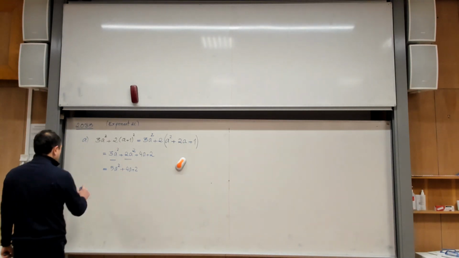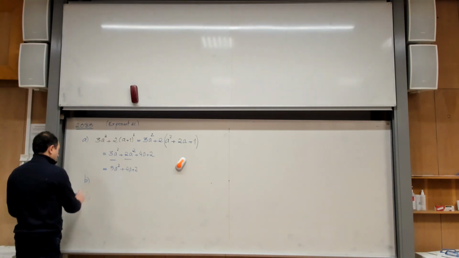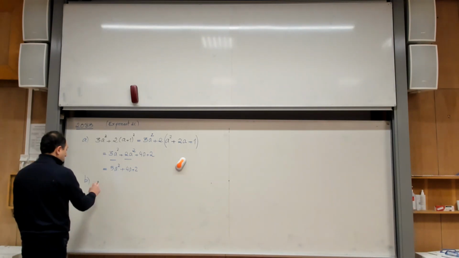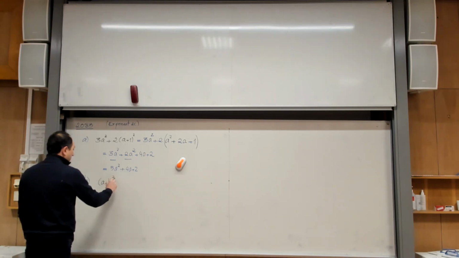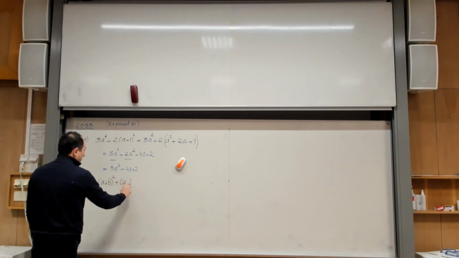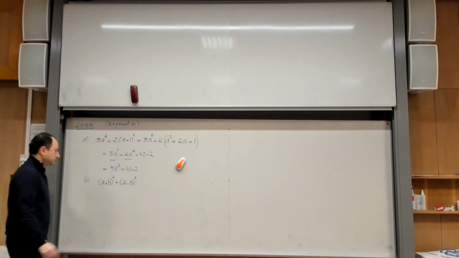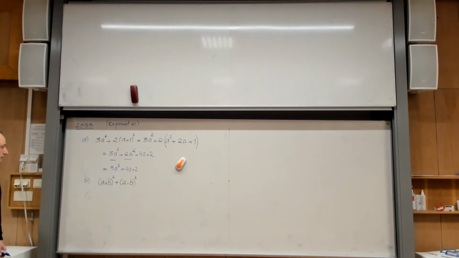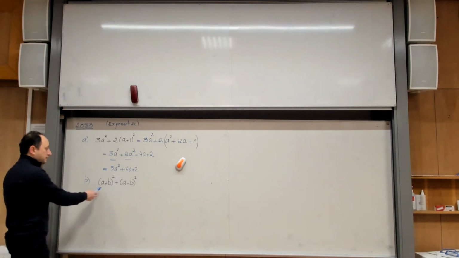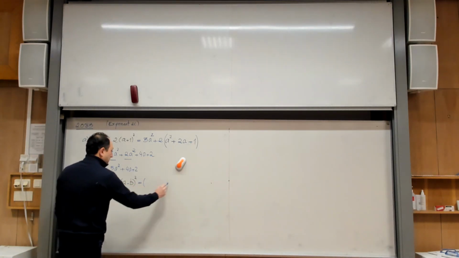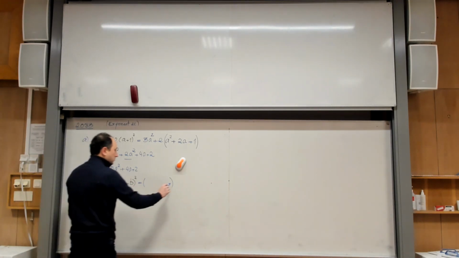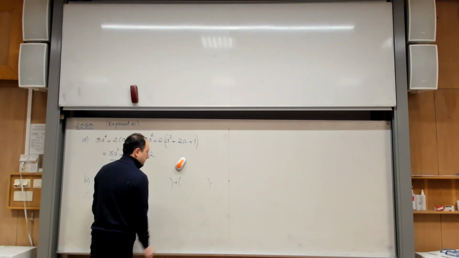So part B, I am supposed to calculate this: (a plus b) squared plus (a minus b) squared. We want to simplify that. Of course, we have 2 squaring rules, so we'll know the rules. So a pair of brackets for the first one plus a pair of brackets for the second one.